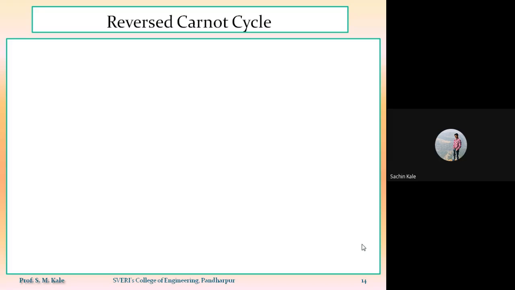Whereas area under TS diagram, TS diagram च्या अंडरचा एरिया घेऊन तुम्हाला काय मिळतं? What are you getting by using the area under TS diagram?